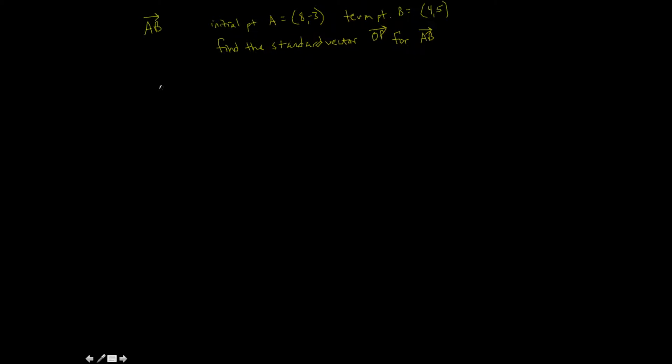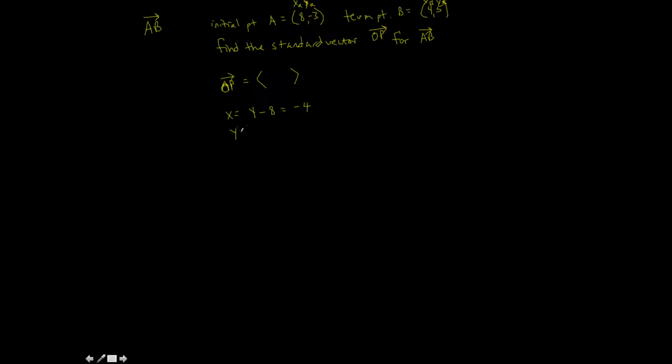So in order to find the coordinates of P, again, remember, this is x sub A, y sub A. This is x sub B, y sub B. To find vector OP, the x coordinate is going to be 4 minus 8, which is -4.